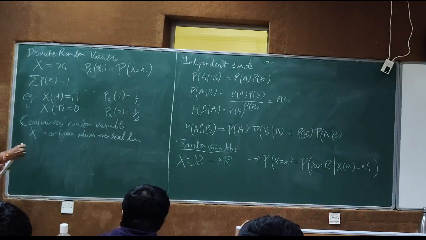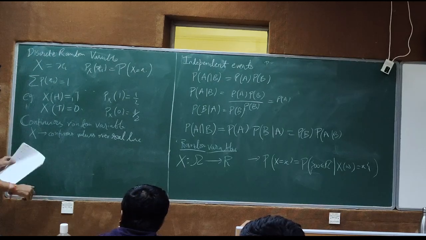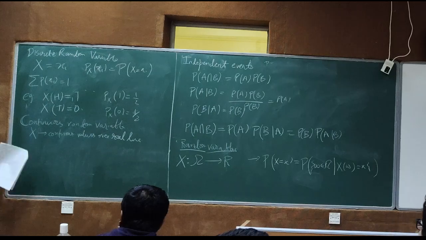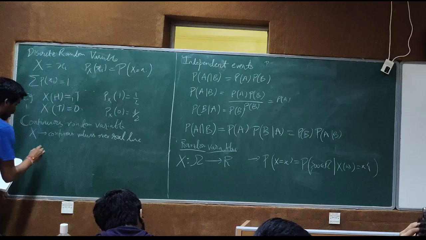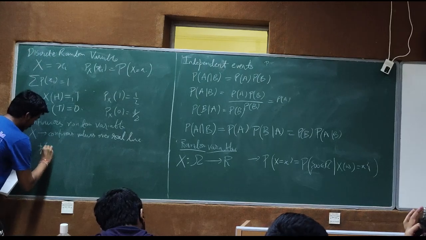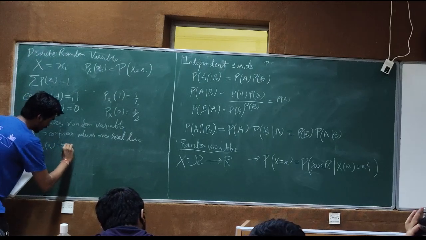You can define a probability distribution for this continuous random variable also. You call that a probability density, denoted by f_X(x). This is the probability density.